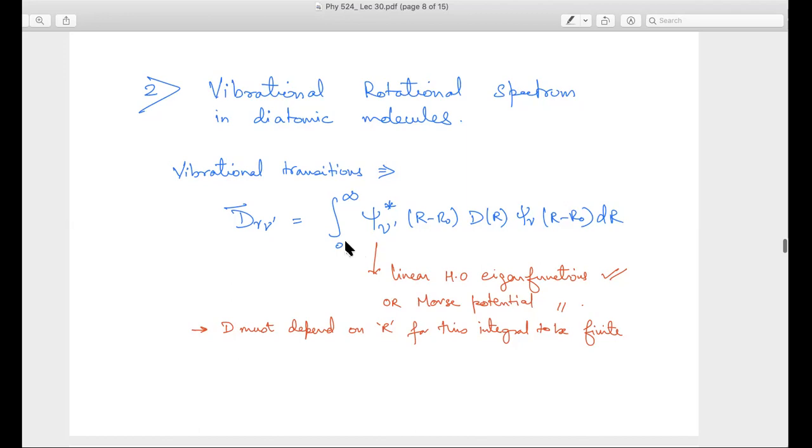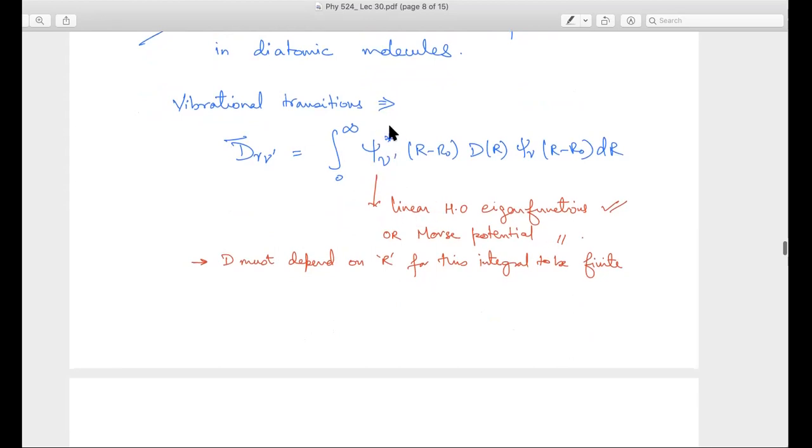Okay. So let's calculate this vibrational rotational spectrum, and for that I should be able to calculate the matrix element of the dipole operator. So this d has to be a vector, between psi nu and psi nu prime, both of which are wave functions centered around r minus r naught. Remember r was centered around r naught for the harmonic oscillator.